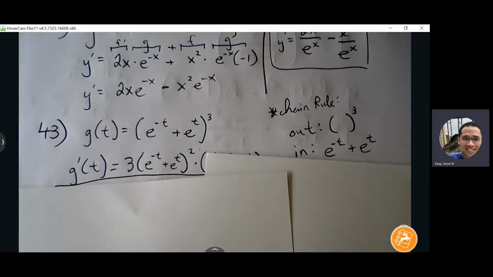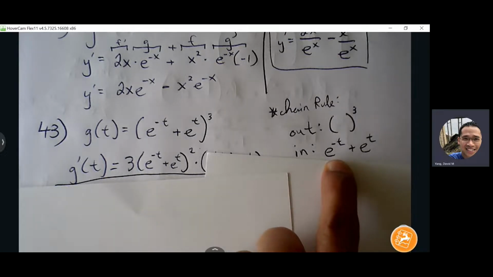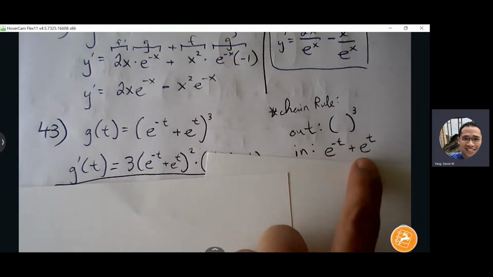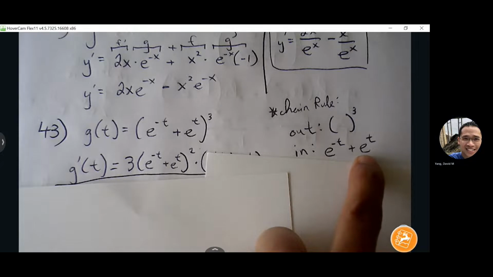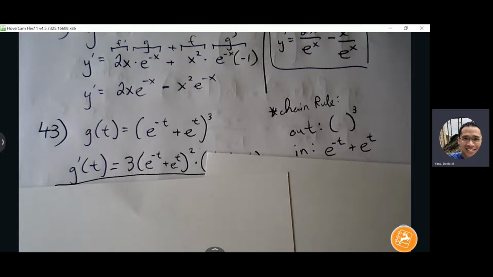So first things first, my outside's derivative is 3 parentheses squared. Keep the inside intact. And now we can look at each individual derivative. So e to the negative t becomes e to the negative t times negative 1. Okay, so there's negative 1 that's going to be left over from that u prime. What's the derivative of e to the t? Yeah, just e to the t times 1, and really that 1 is not going to make any difference.